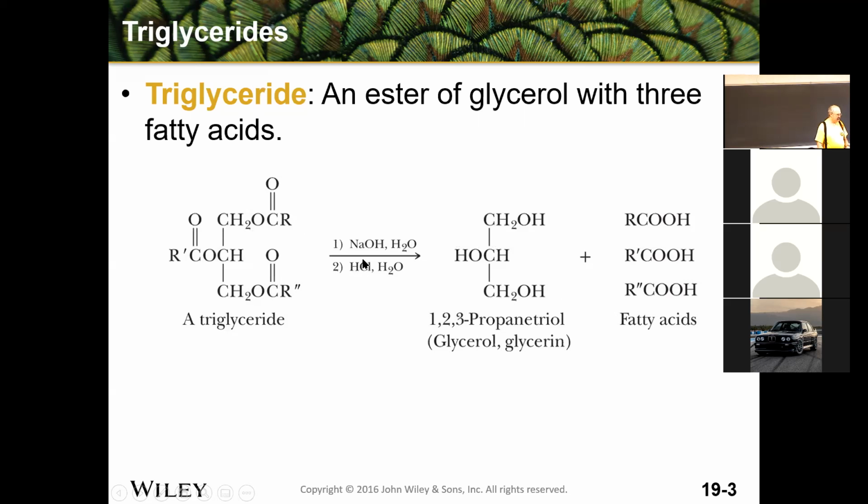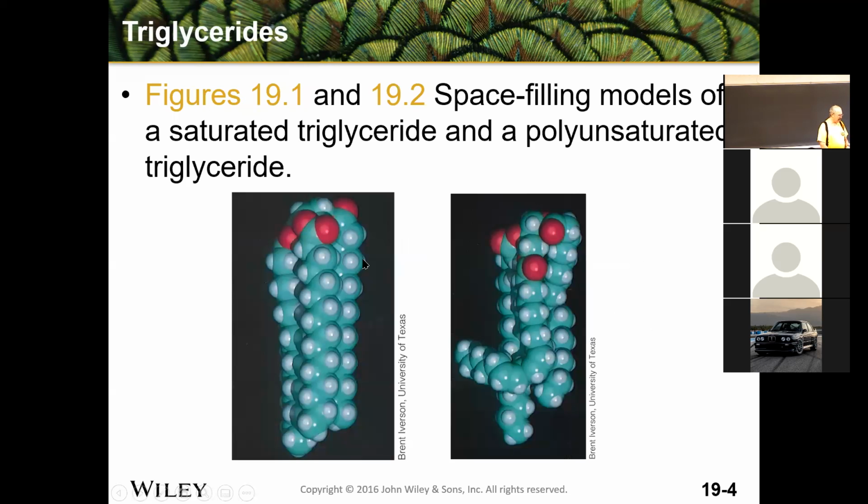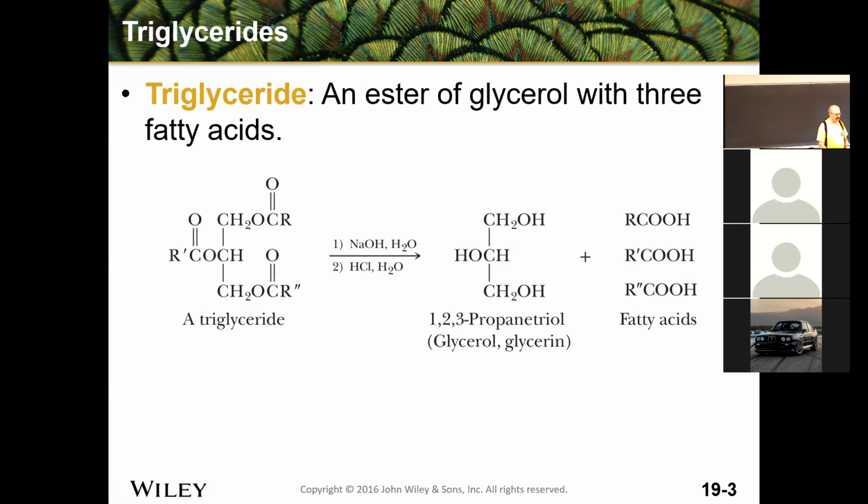This is a reaction called saponification, which we'll talk about in just a moment, where we heat a fat or oil with sodium hydroxide. And we can stop at this first step depending on what we want to do. But in order to precipitate out the fatty acids, we would add HCl to that.